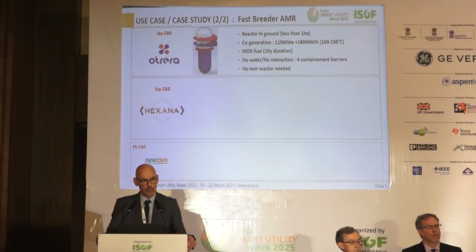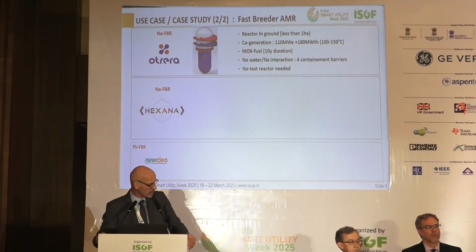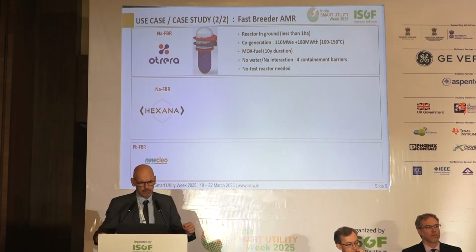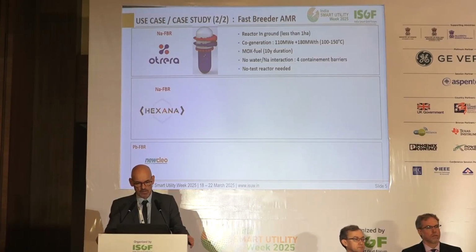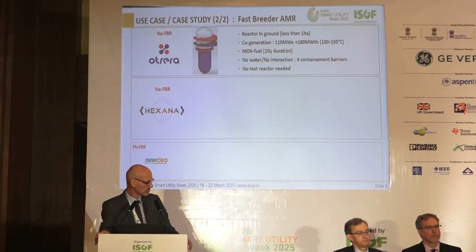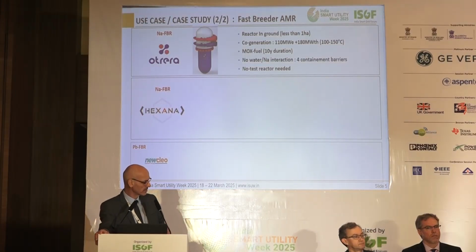It will use MOX fuel, plutonium-uranium fuel, for up to 10 years without any refueling. 4 containment barriers, so highly safe projects. And this project will not need a test reactor. The first of a kind will be built directly.